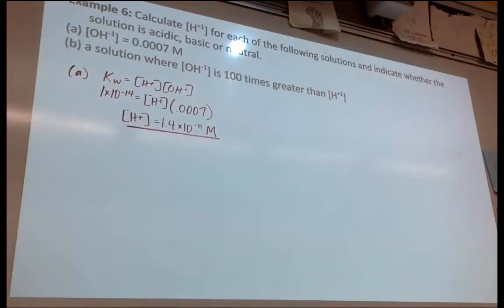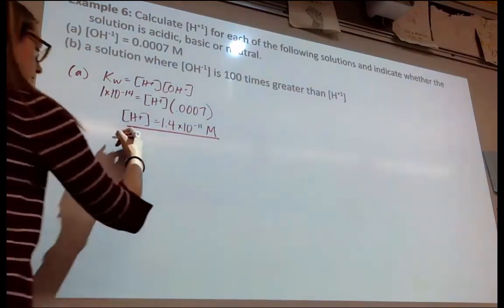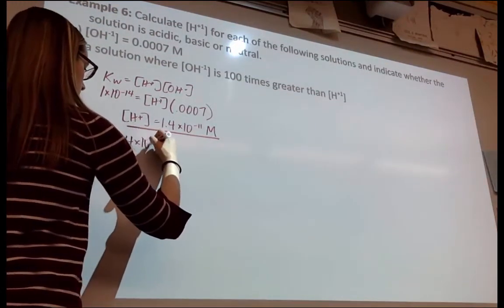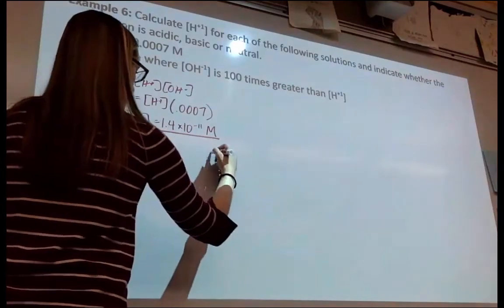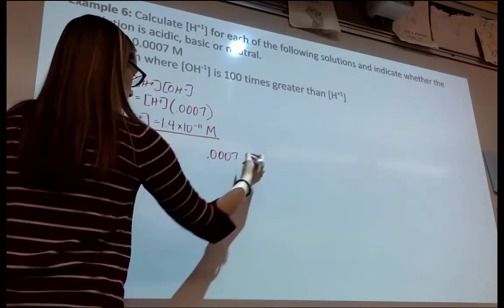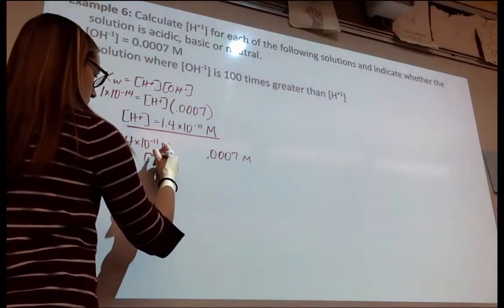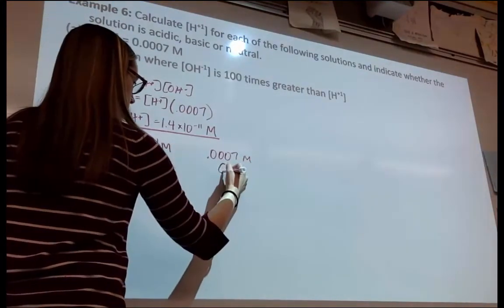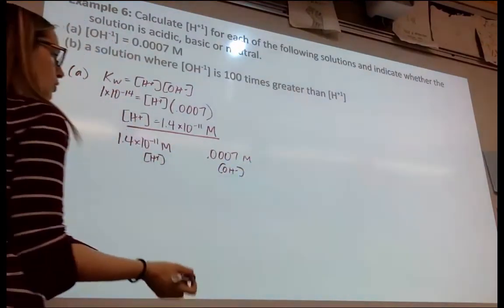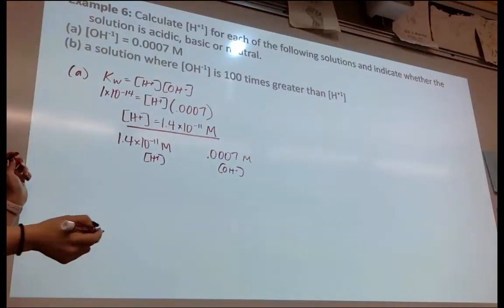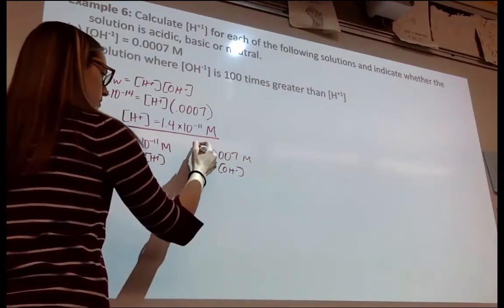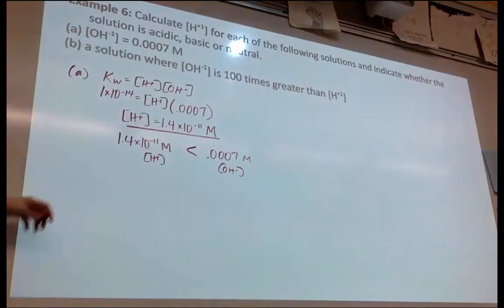There's H plus. Compare it to OH minus. Here's H plus, here's OH minus. Which one's a bigger number? Right, 0.0007. That exponent would be to the negative 4.